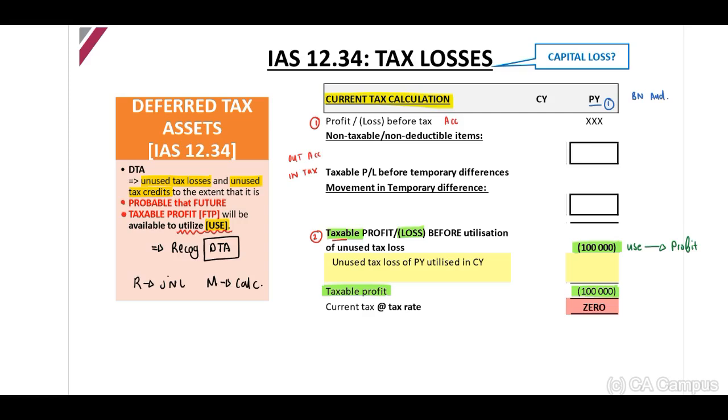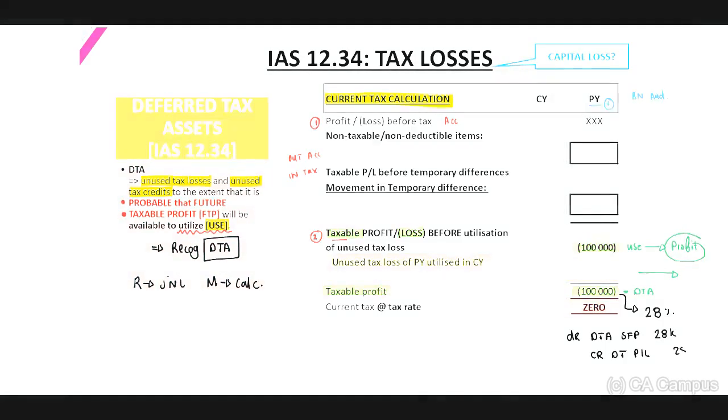Therefore, if I'm able to prove that I will have profit in future, I may recognize a deferred tax asset relating to this 100,000. Therefore, if I recognize my deferred tax asset, I will debit my deferred tax asset in my statement of financial position and credit my deferred tax in my profit and loss. And let's say that we have a tax rate of 28%, therefore this will be 28,000.